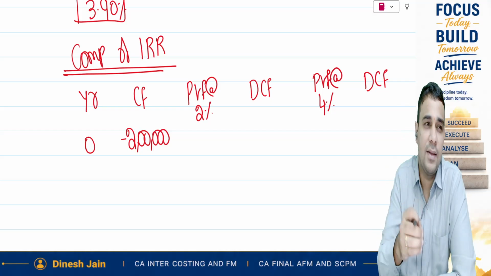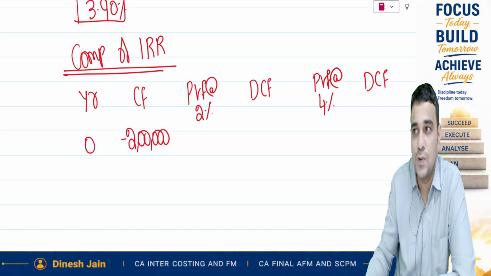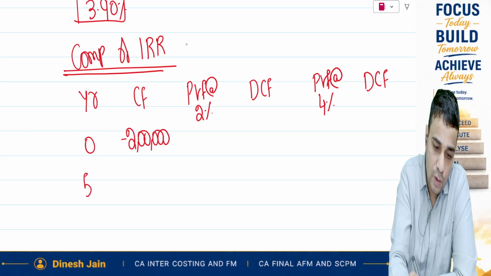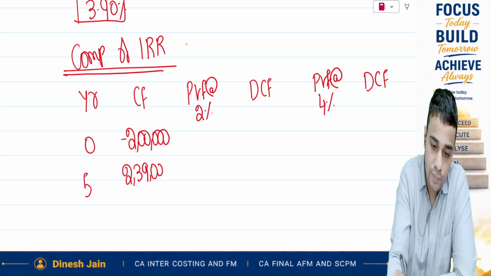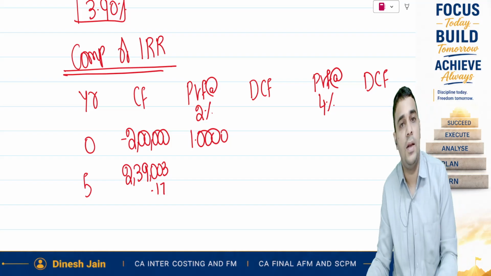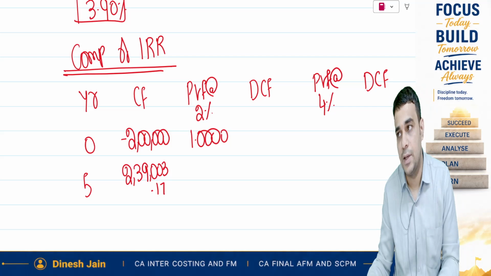And then I get back the amount after so many years, whatever number of years we have. How many years? What money do we get back? 217. The discount factor is given in the question. Follow whatever they have given in the problem.